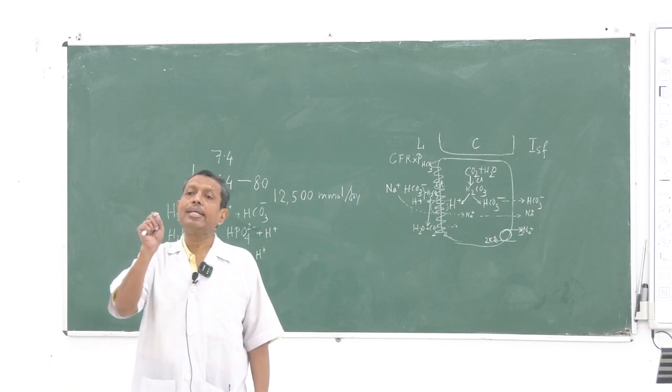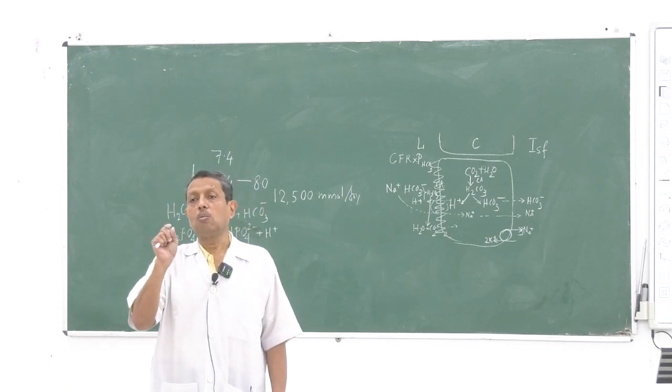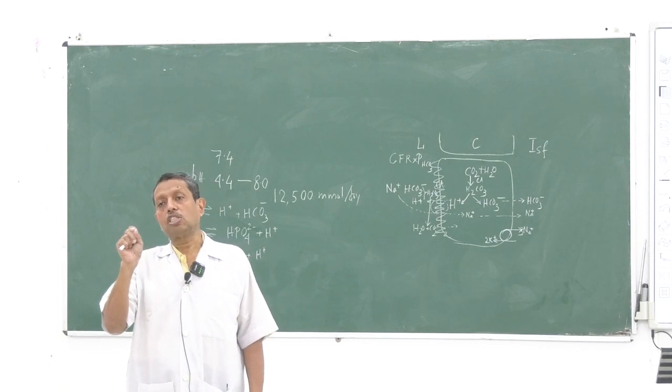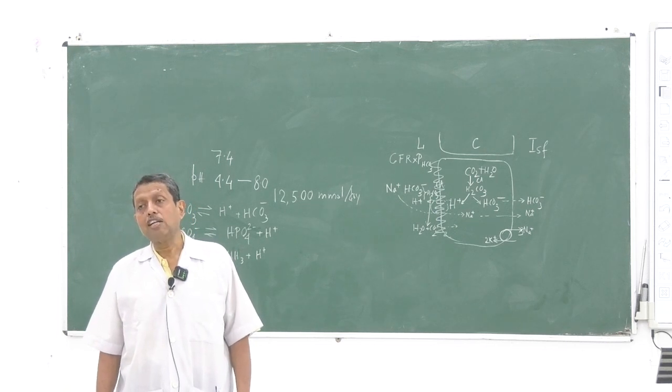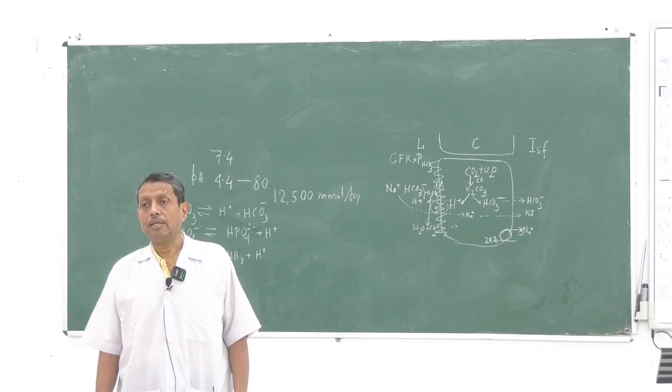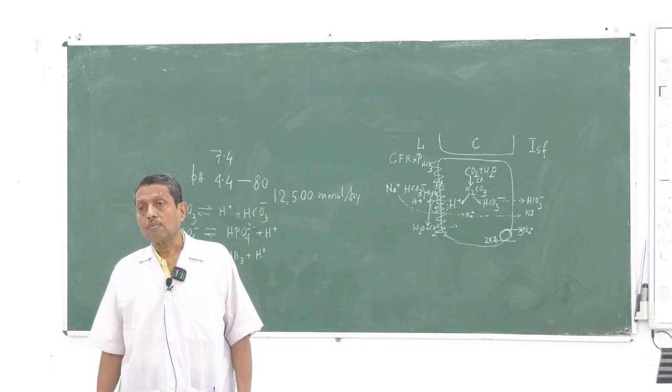So at the very beginning of the proximal convoluted tubule, the hydrogen concentration or pH is similar to that of the plasma, arterial plasma. And at the end of the proximal tubule, there is some decrease in the pH, but not substantial, because major part of the hydrogen ion that enters into the lumen combines with bicarbonate anion, and they form carbonic acid.